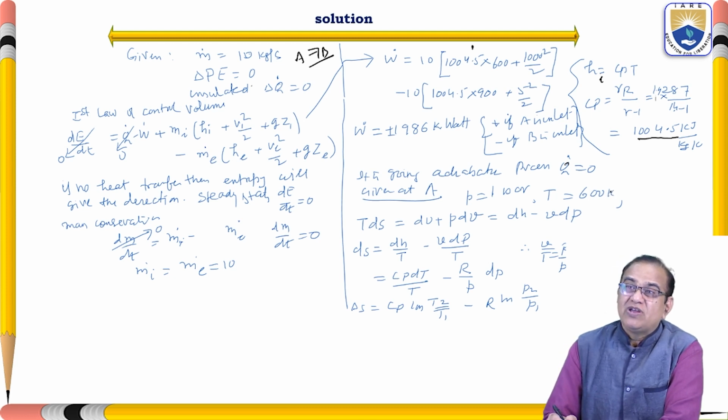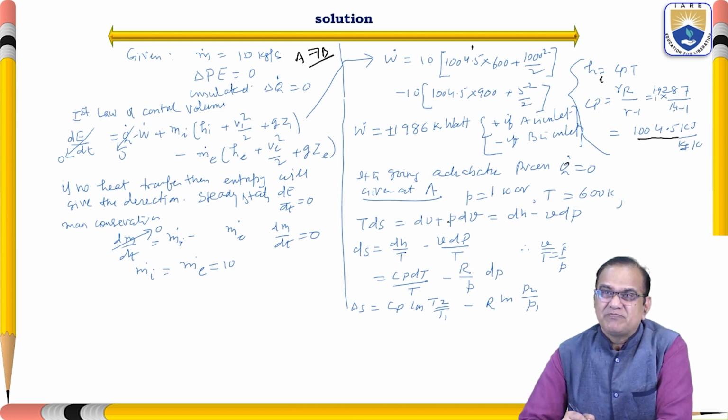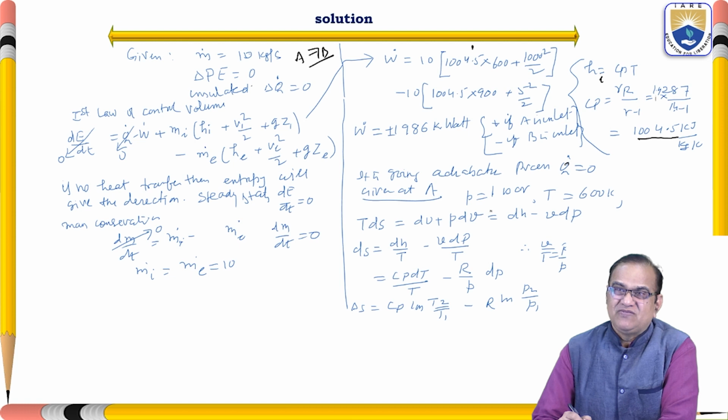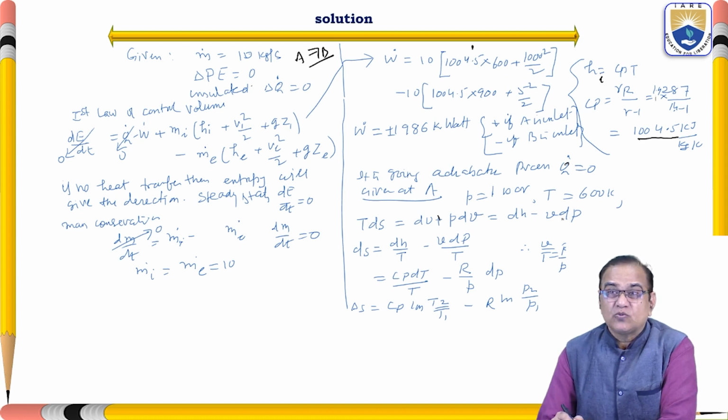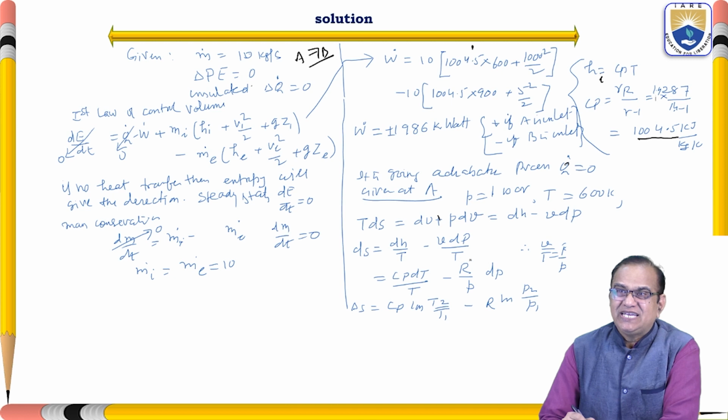Now we have to see that TdS is equal to dU plus PdV, so dU plus PdV we can write as dH minus VdP. So now dS is equal to dH by T minus VdP by T, because V by T is equal to R by P here.